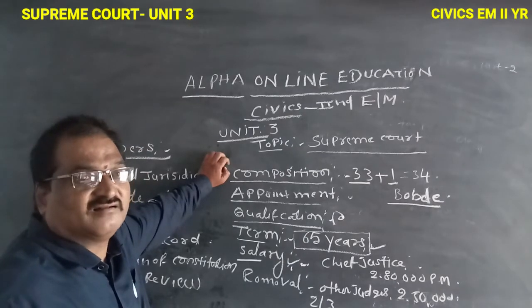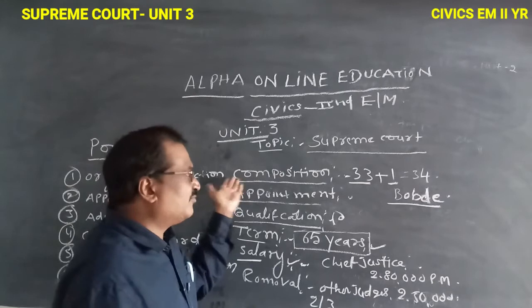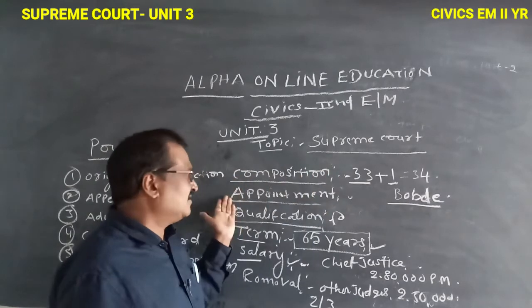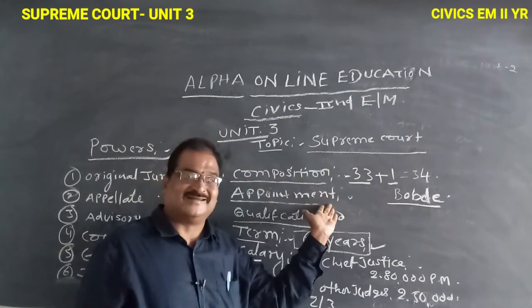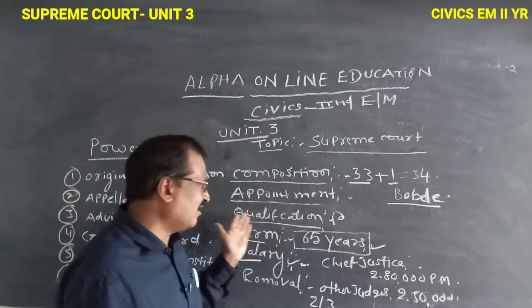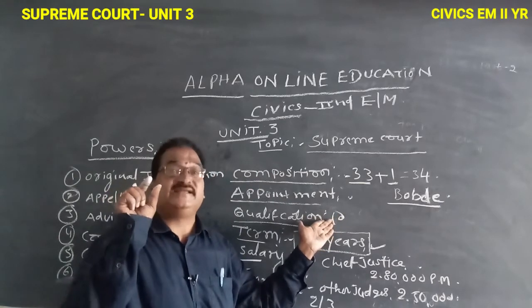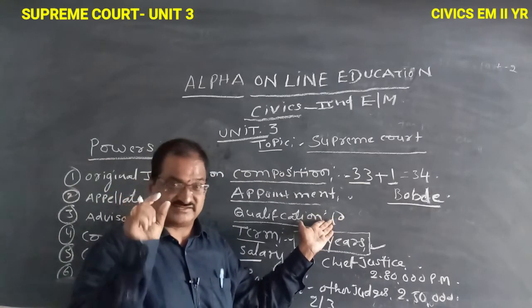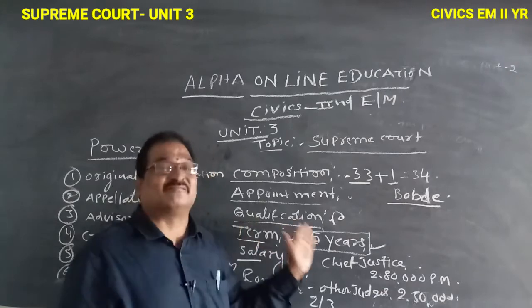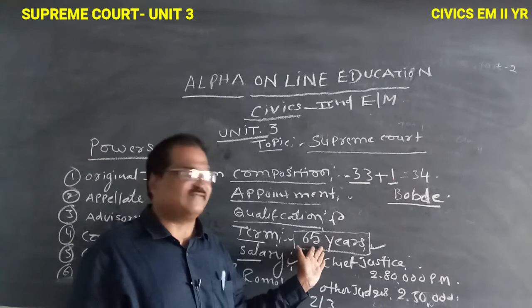So this is the composition of the Indian Supreme Court. The Chief Justice of India and other judges are all appointed by the President of India. In qualifications, seniority is most important. The term is 65 years for the Chief Justice and other judges.